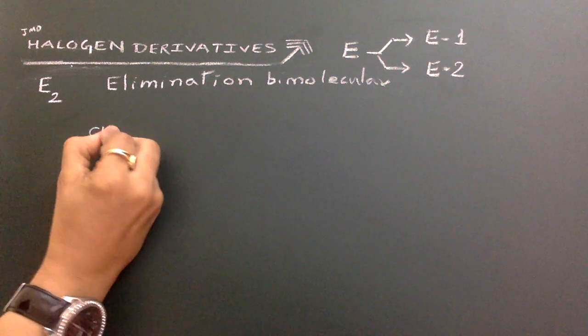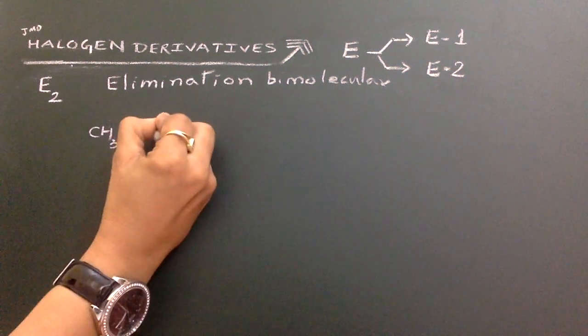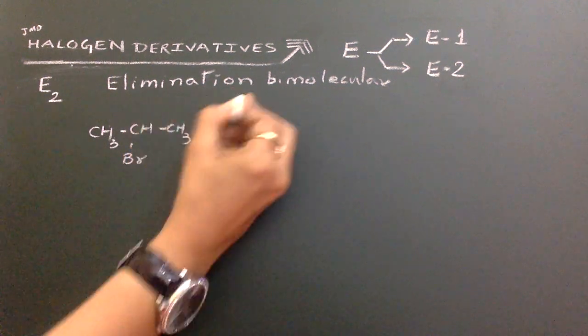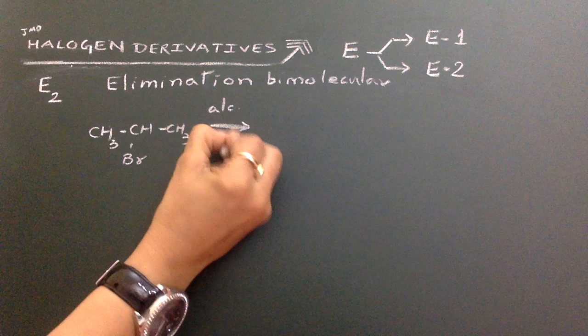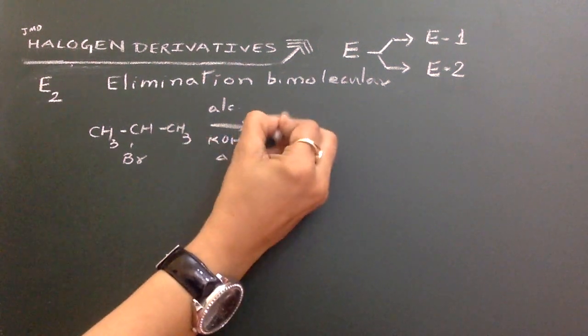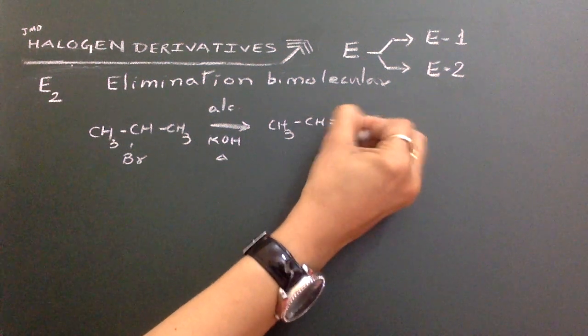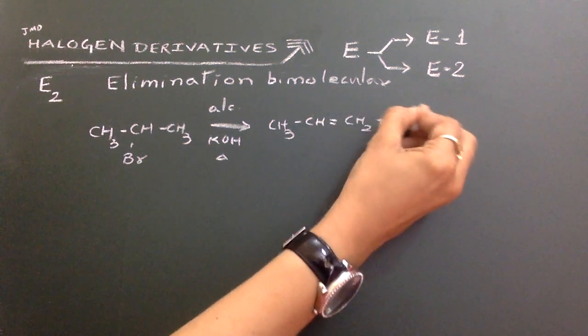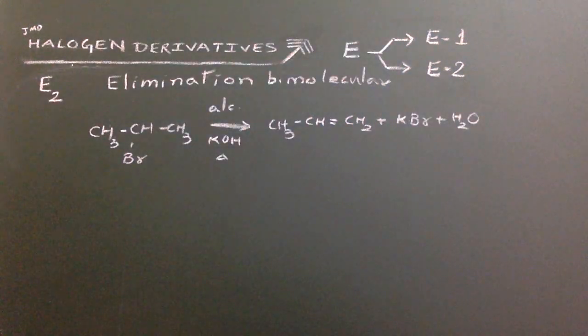Say we take this molecule, and we take alcoholic KOH, heat, we get propene, KBr, and a molecule of water. Now let us see how this step takes place.